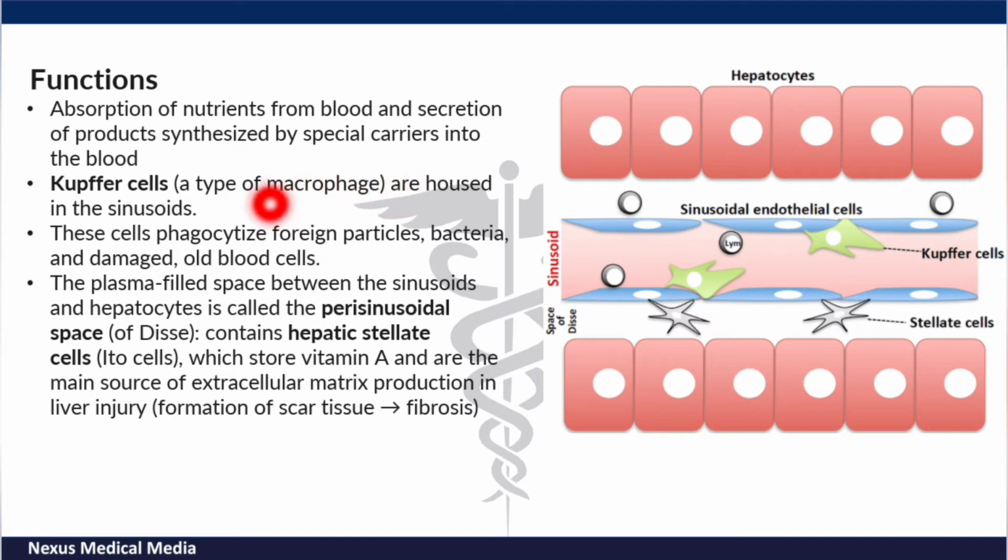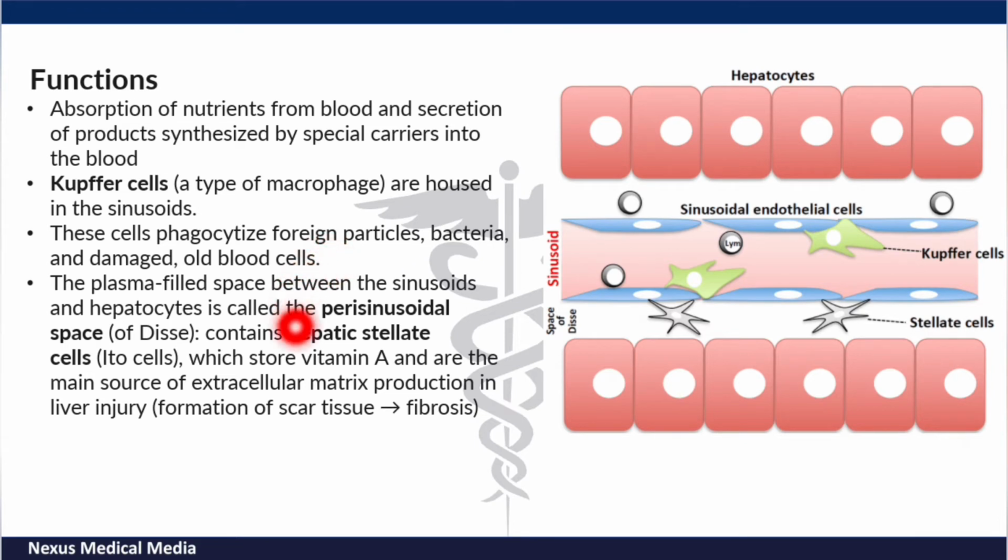In the liver, they are called Kupffer cells, but these are just macrophages. Another example is alveolar macrophages. They have their specific name there. These ones are housed in the sinusoids. The Kupffer cells phagocytize foreign particles, bacteria, and damaged or old blood cells.